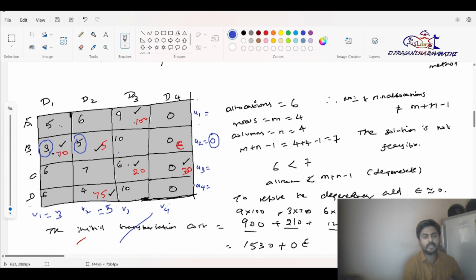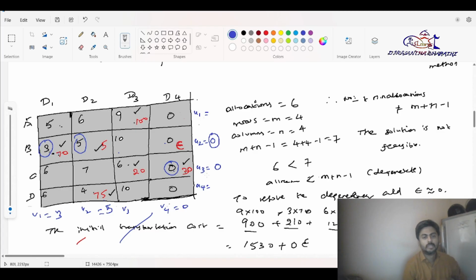Here you are having 0, so v4 equals 0, since there is allocation epsilon. Since v4 equals 0 and 30 is an allocation, here you should get u3 equal to 0, so that u3 plus v4 equals this value 0.